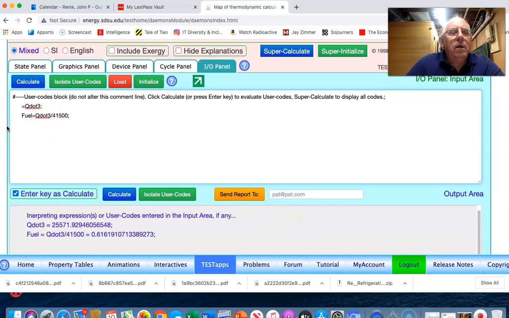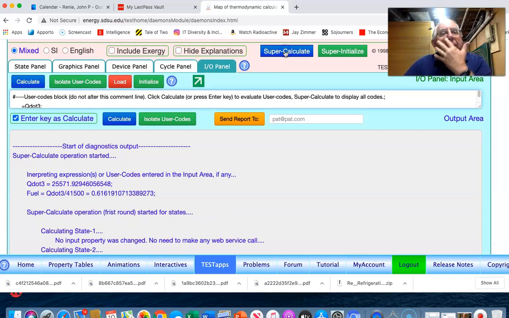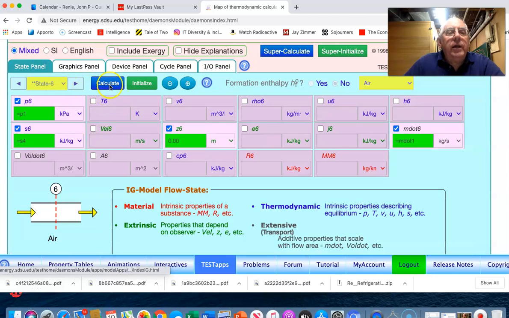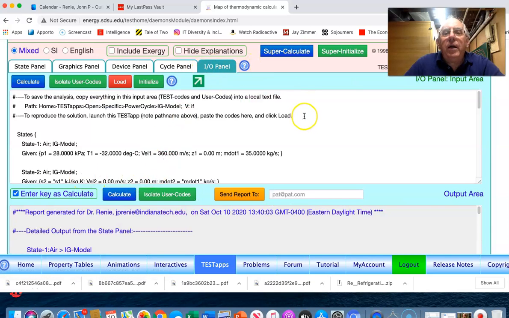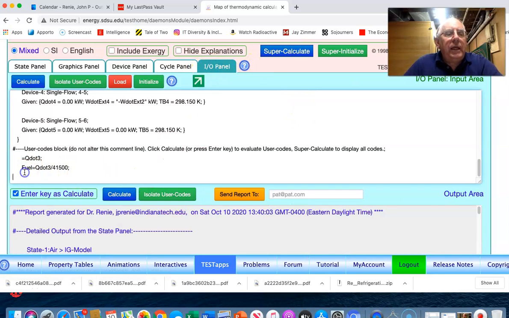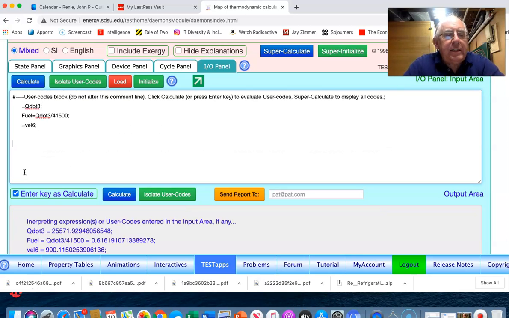Okay. Let me super calculate here again. Let me go back to the device panel here. Let's recalculate this. Okay, so velocity 6 is there. I'm going to go back to the I/O panel and then put in equals velocity 6. And we see that it's 990.11.